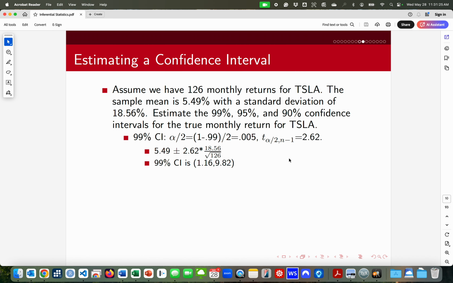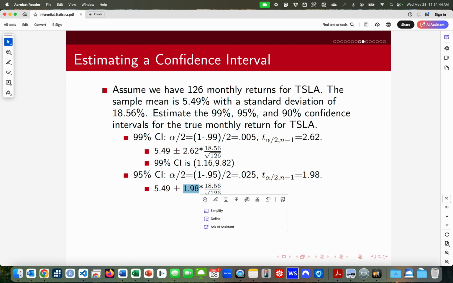So if we want to change this and we want to estimate the 95% confidence interval, everything stays the same except this t-value. The t-value is 1.98 for 95% confidence. So everything looks the same except this right here. Notice we're using 1.98 instead of 2.62.